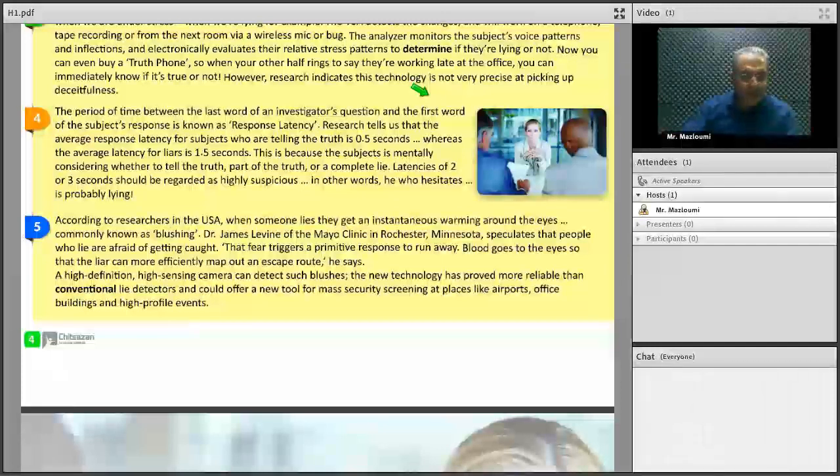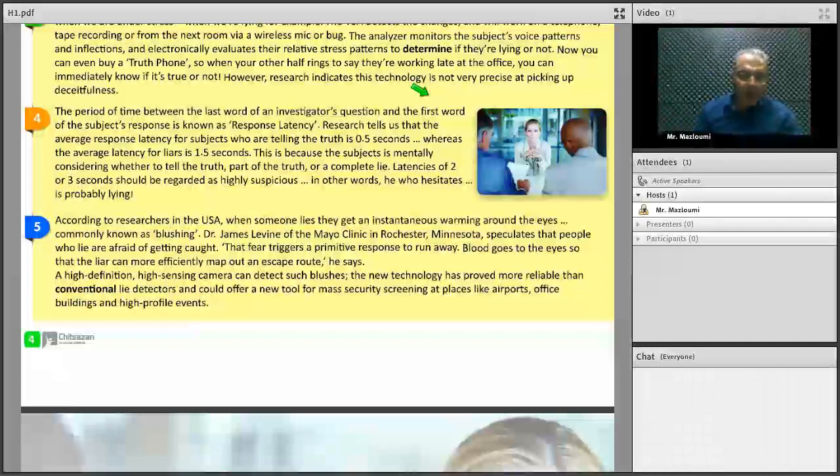Number 4, the period of time between the last word of an investigator's question and the first word of the subject's response is known as response latency. So, what is response latency?